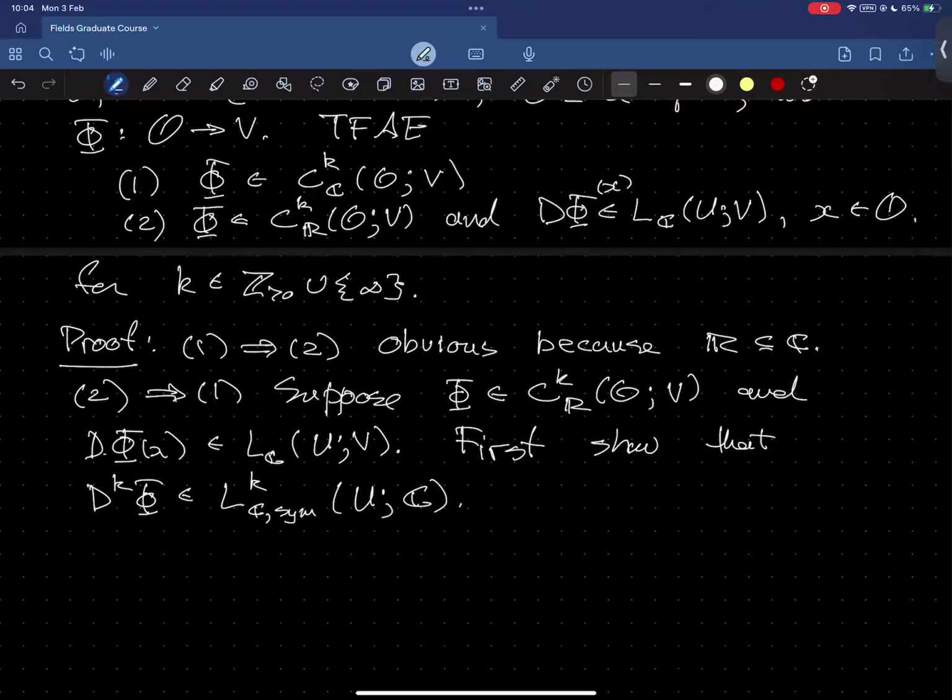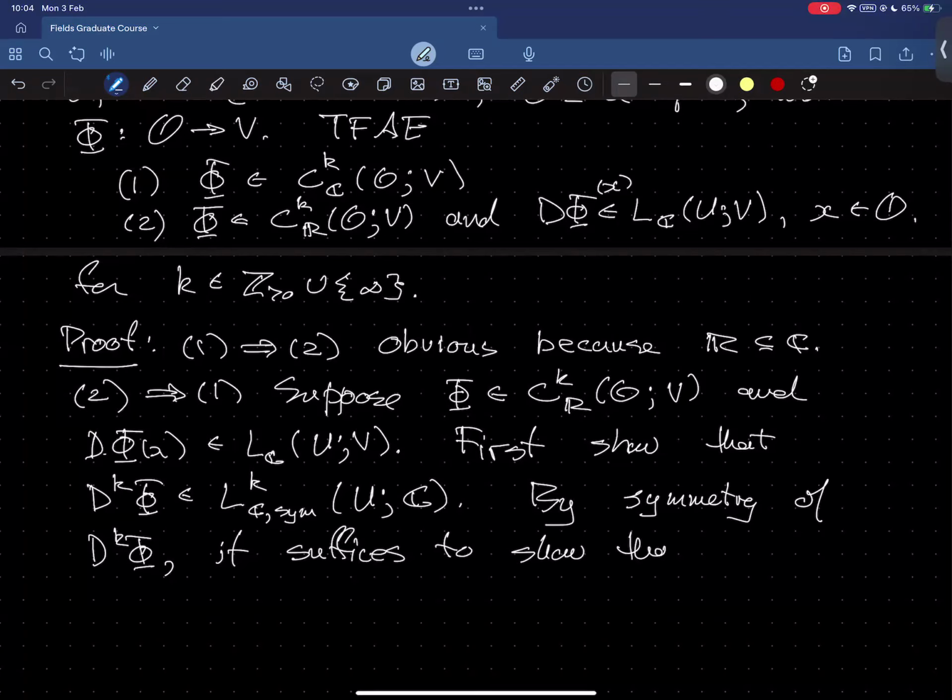All right, so that's what we're going to do. By symmetry of the derivatives, it suffices to show that d^k phi of x, and I apologize, I keep forgetting to put the x in here, is C linear in the first entry.